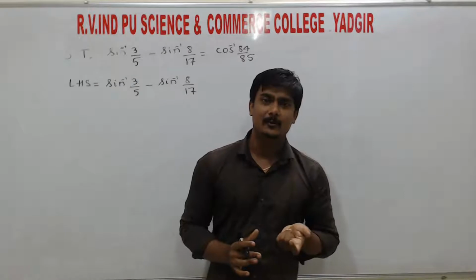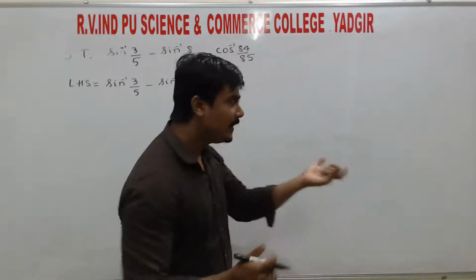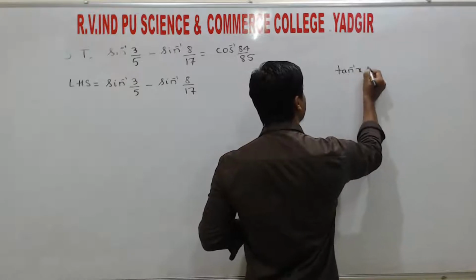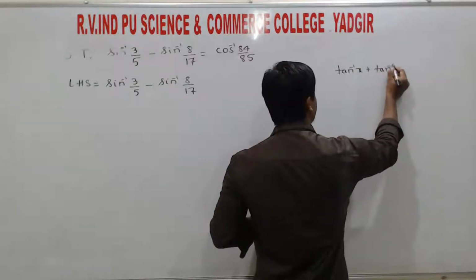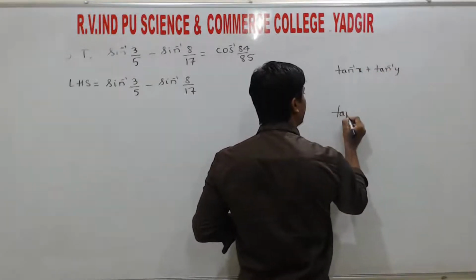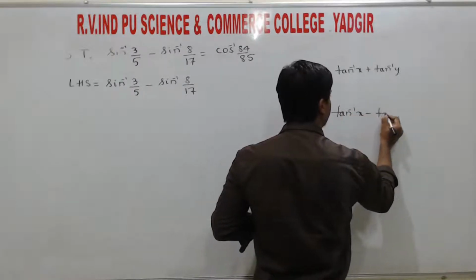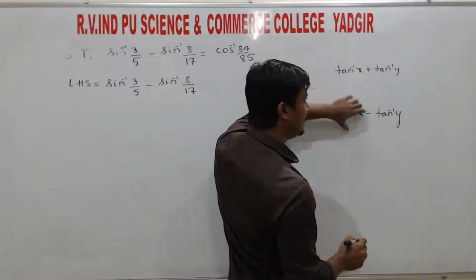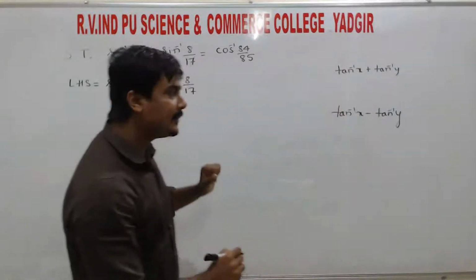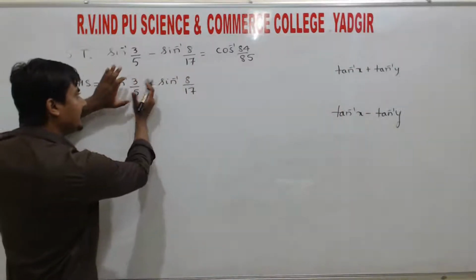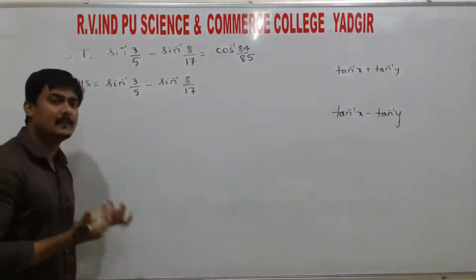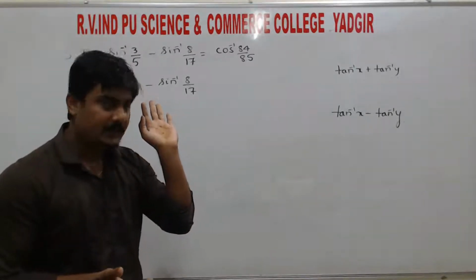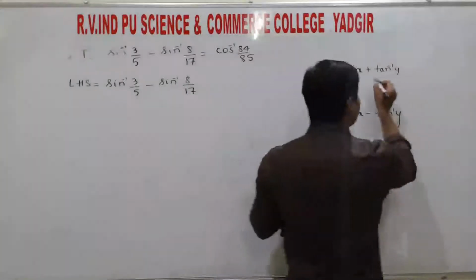A question may rise in your mind, so why should we express any inverse trigonometric function given in terms of tan inverse? Because we know the formula for tan inverse x plus tan inverse y and tan inverse x minus tan inverse y. So what is tan inverse x plus tan inverse y?